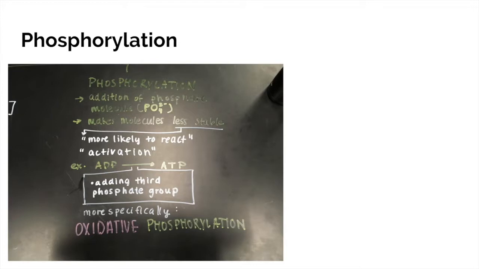You'll see this referred to sometimes as activation, sometimes as phosphorylation, and in the case of ADP to ATP, you will see it's oxidative phosphorylation. This is called oxidative phosphorylation because the energy to synthesize this ATP, or phosphorylate, is derived from the oxidation of hydrogen carriers.